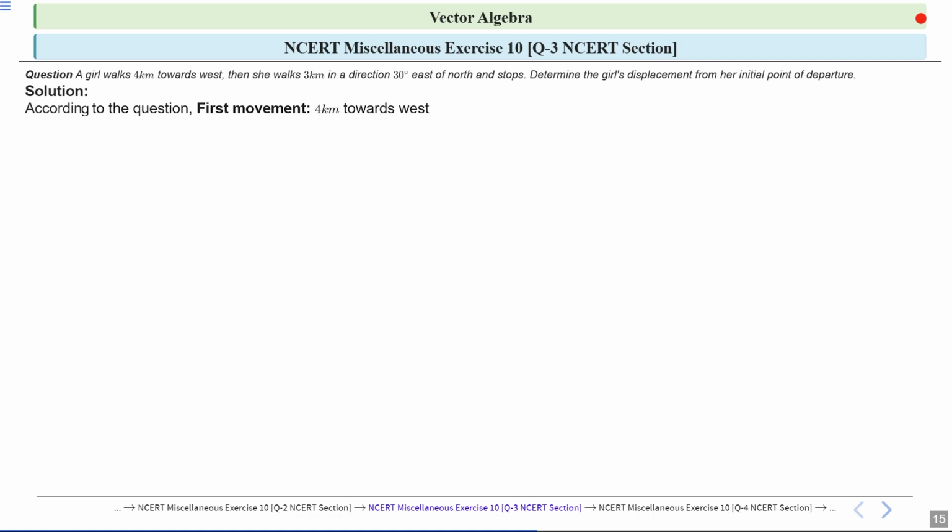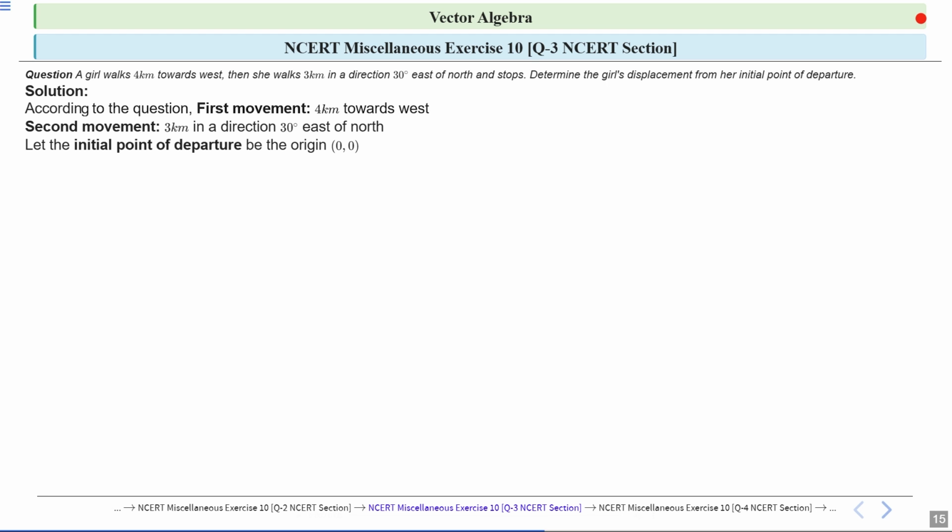According to the question, first movement is 4 km towards west. So we can say second movement is 3 km in the direction 30 degree east of north.